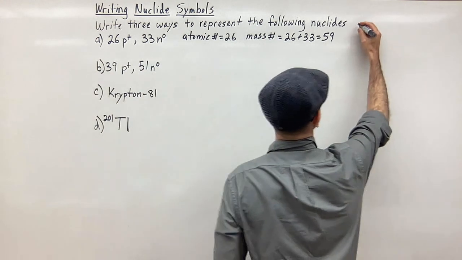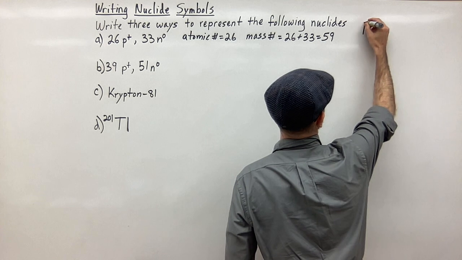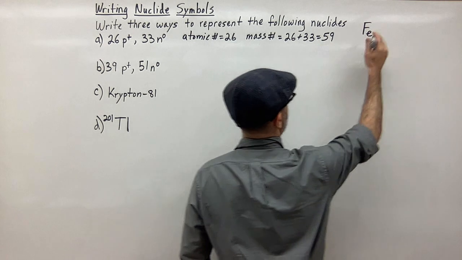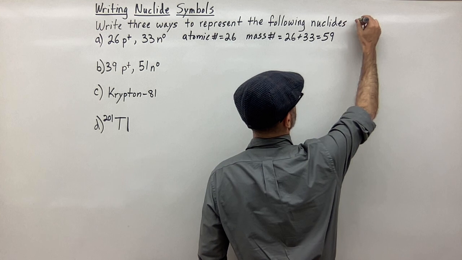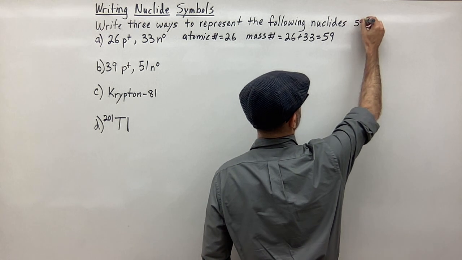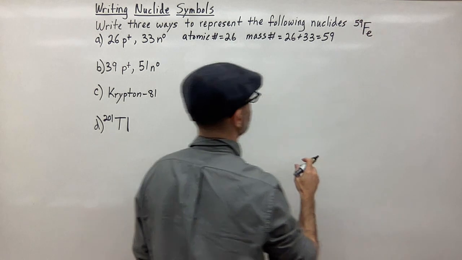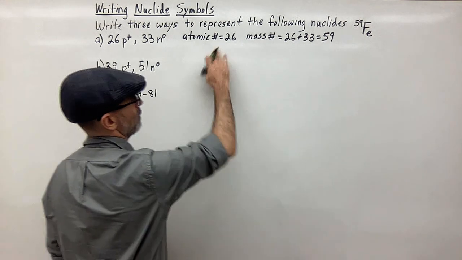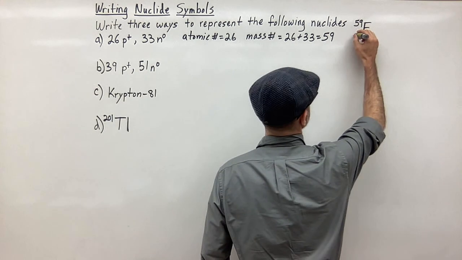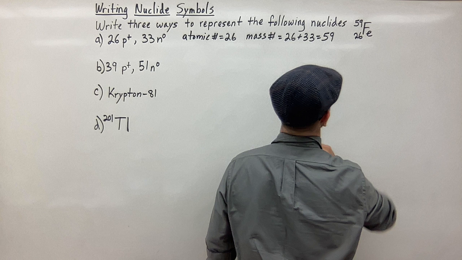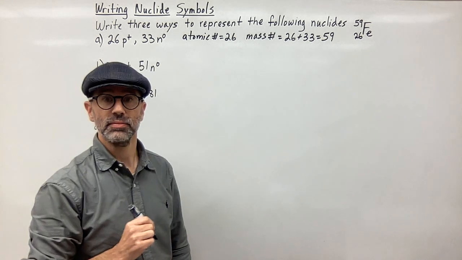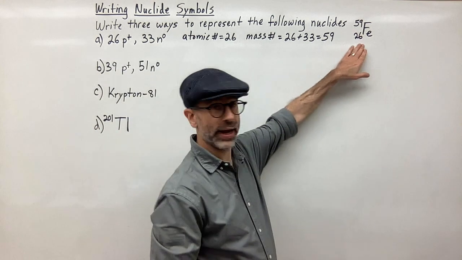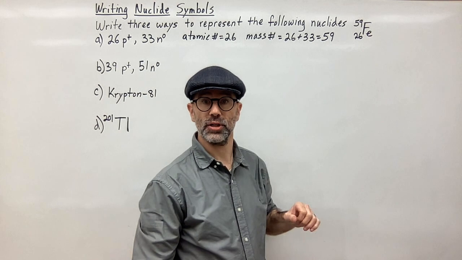So we're going to have Fe, and then 59 is the mass number, so the top is going to be 59. And then the bottom left part is going to be your atomic number, so that's 26, like so. And that is the one way of writing the symbol for the nuclide.